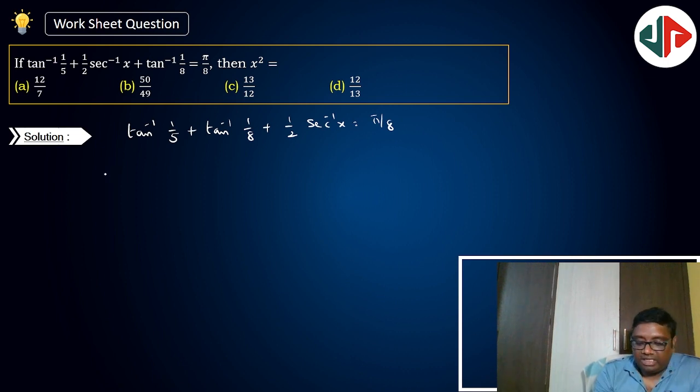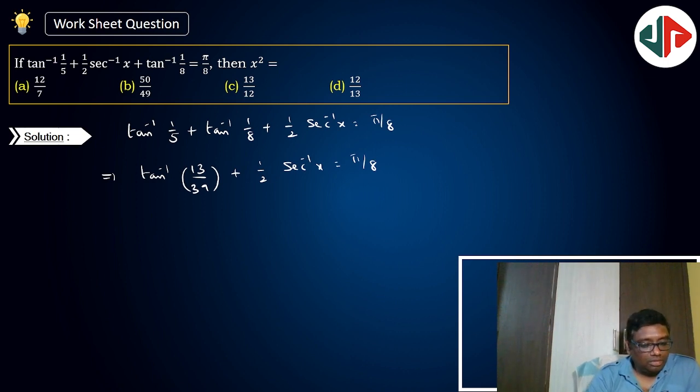Now, can we rewrite this as tan inverse of x plus tan inverse of y? If we simplify, tan inverse of 13 by 39 plus 1 by 2 times secant inverse of x is equal to pi by 8. Now multiply 2 on both sides.